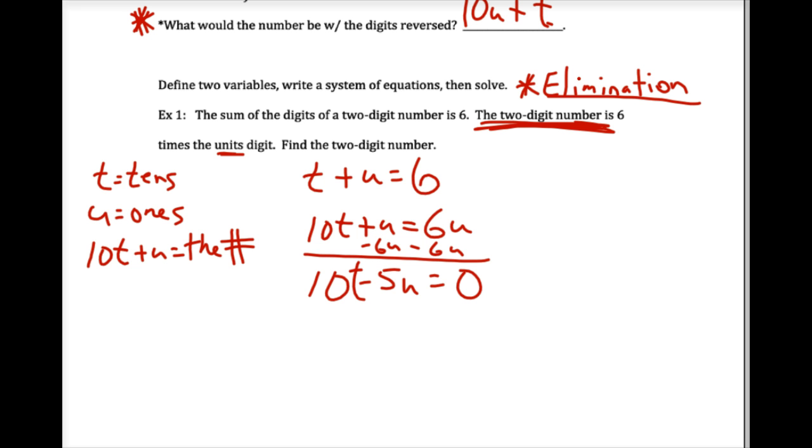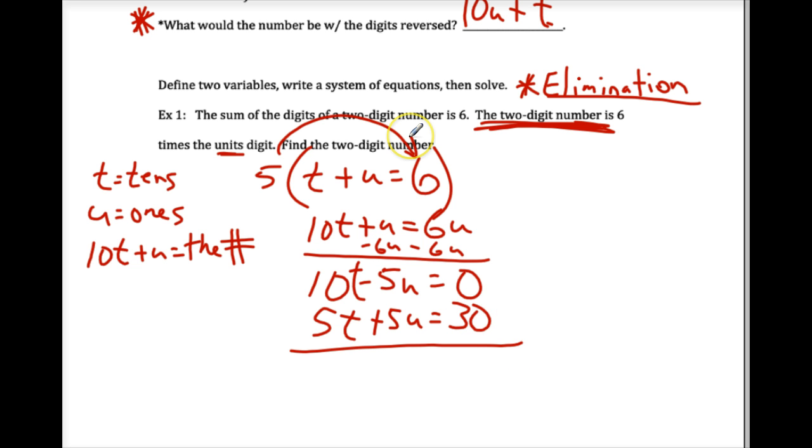You're going to make 5u's and negative 5u's at the bottom here. So I'm going to go 5t plus 5u equals 30. Don't forget to multiply that 5 by the 6. Okay, add them together. Our u's get eliminated. 15t equals 30.